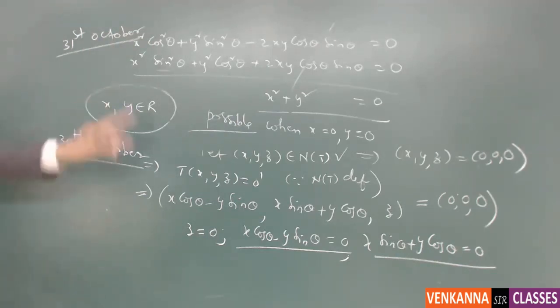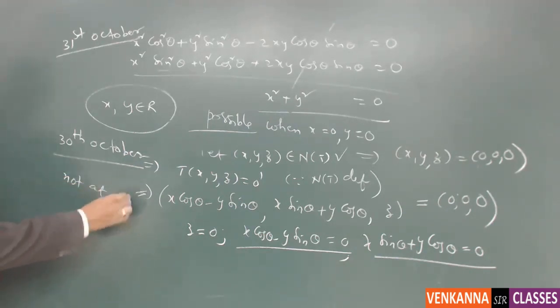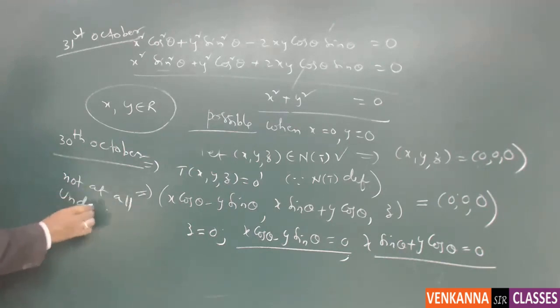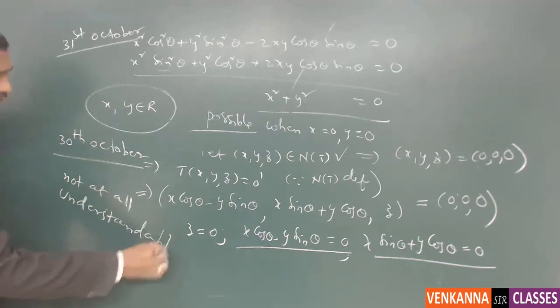This is the whole class. You can visualize the video and relate the content. Both are the same. So this is 30th October. Are you getting too much lag or little lag? That means not at all understandable.